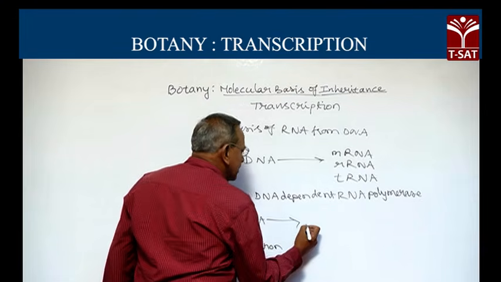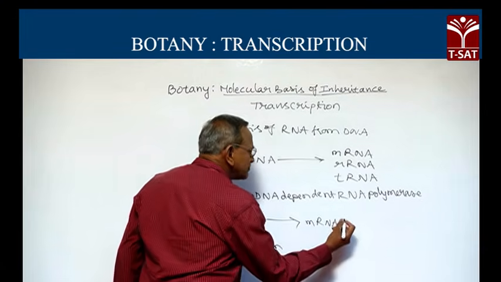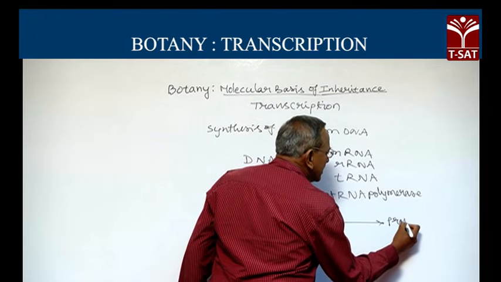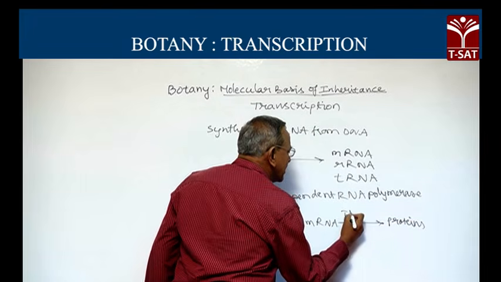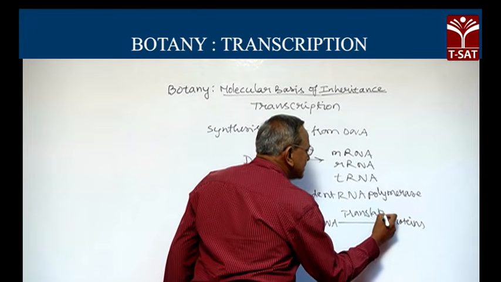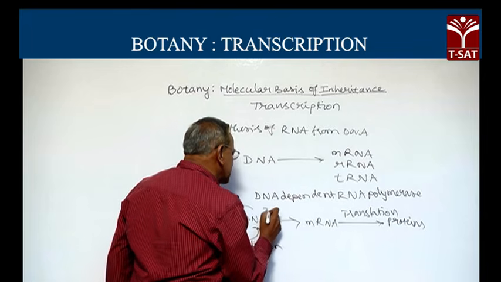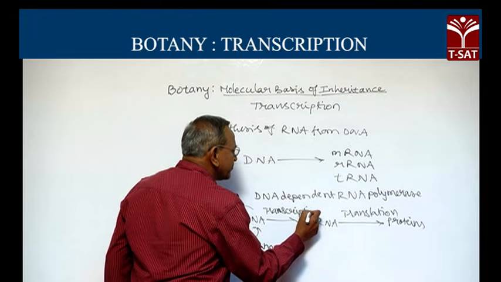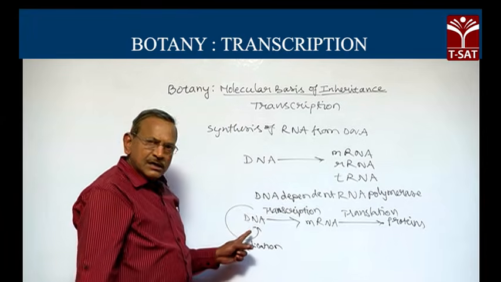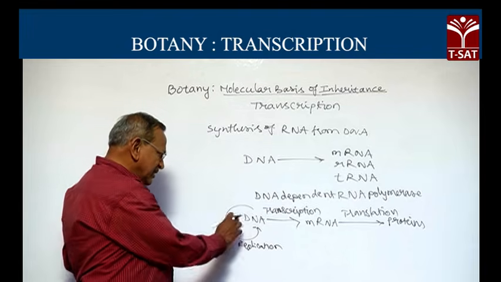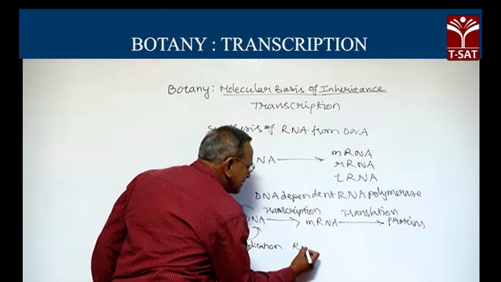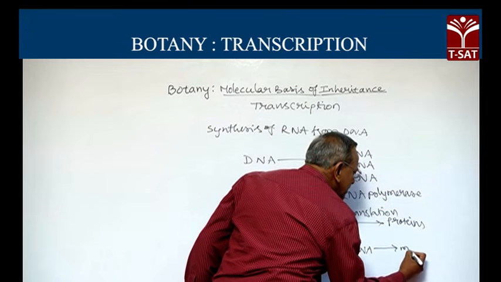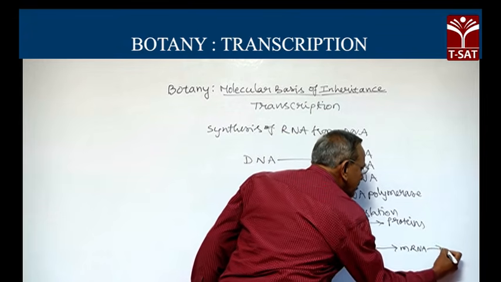And here we have mRNA, and from this proteins are obtained, and this part is called translation, this part is called transcription, and this is called replication. If we add one more RNA, then DNA, then mRNA, followed by protein.